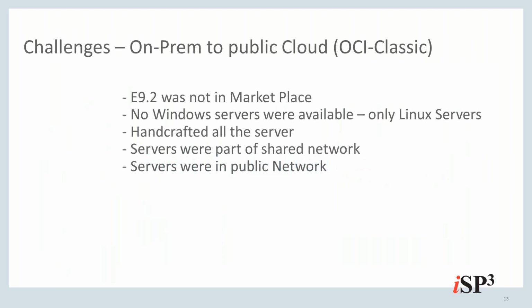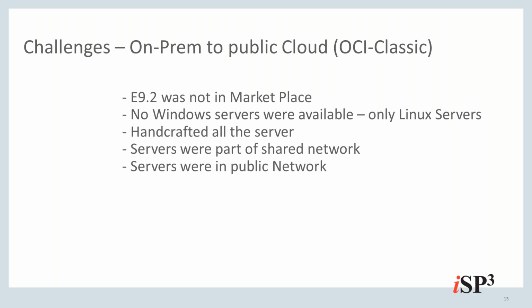So let's see what challenges we faced during these phases, going from on-prem to the first gen, or from the first gen to the second gen. The biggest challenge coming from on-prem to the first generation OCI cloud, at that time it was very new, and Oracle had a marketplace.